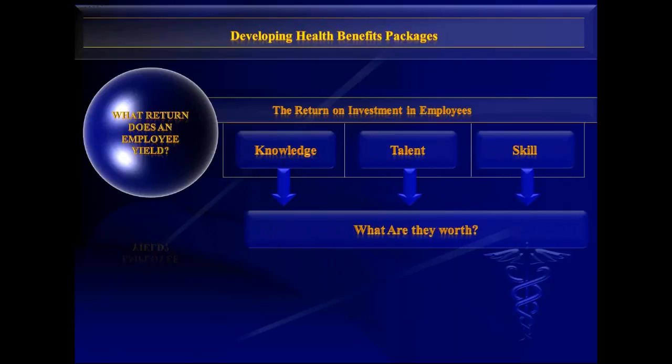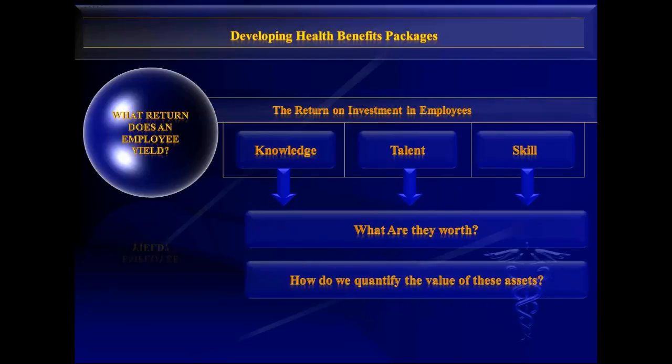But how do we quantify what this is worth? If we wanted to tell our friends that by hiring John Doe, our company now has another X amount of value in our bank account. Okay, by getting John Doe's knowledge, talent, and skill, how much more did we get? How do we quantify what that's worth? How do we quantify the value of these intangible assets, the intangible assets of knowledge, talent, and skill?